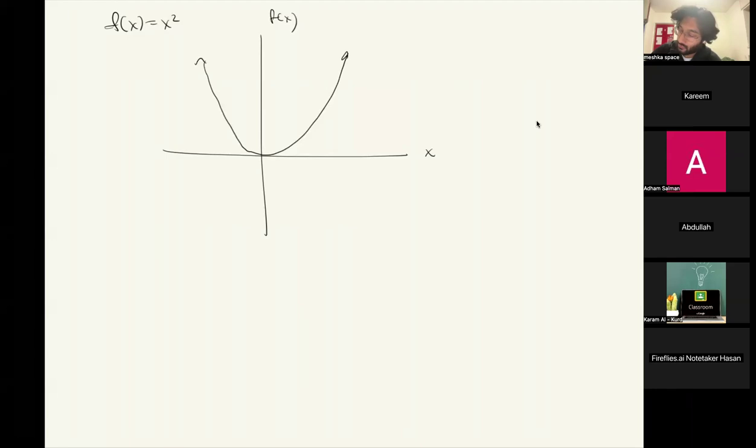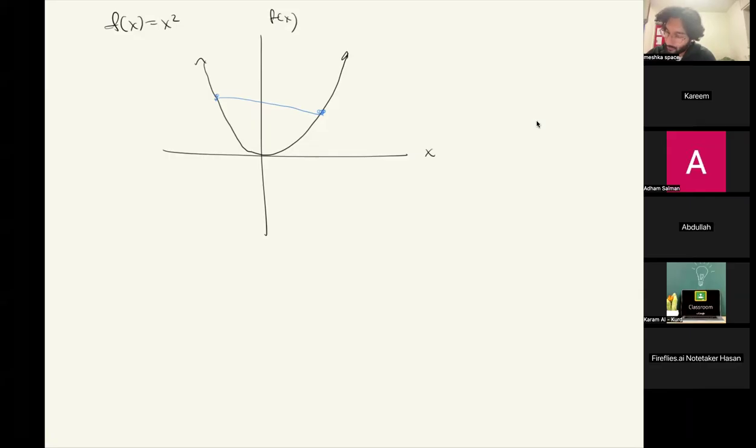So for example, let's consider the function x squared. One thing we can do is graph it: x versus f of x, and it looks something like this, right? In general, a convex function is one where, whenever I take two points on the graph and consider the segment between them, it lies completely above the graph.